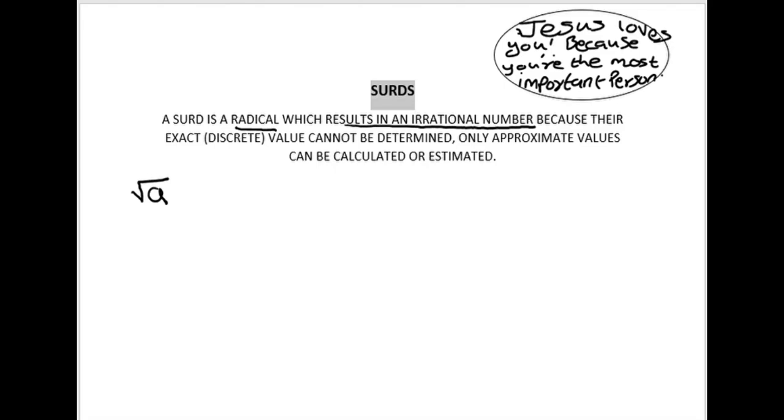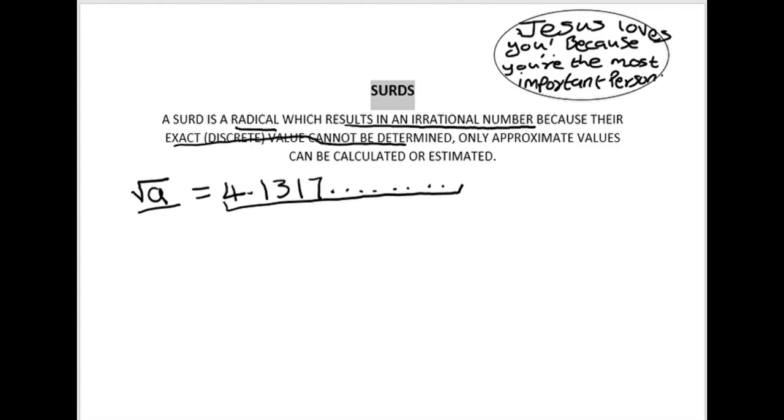Let's say this expression I have here, root of a, gave us 4.1397 and keeps on going. So this is an irrational number, because its exact discrete value cannot be determined.